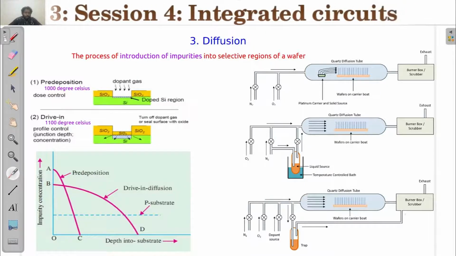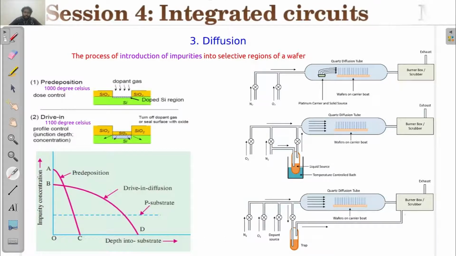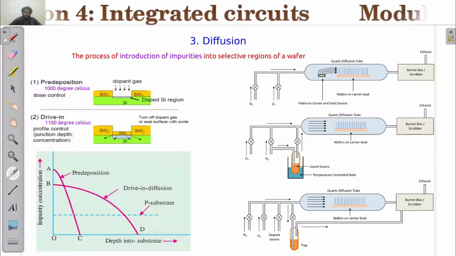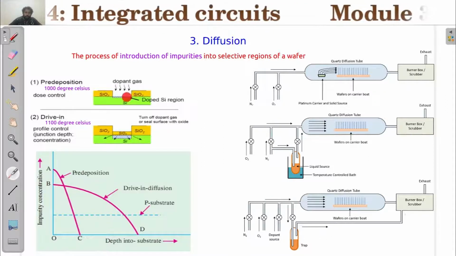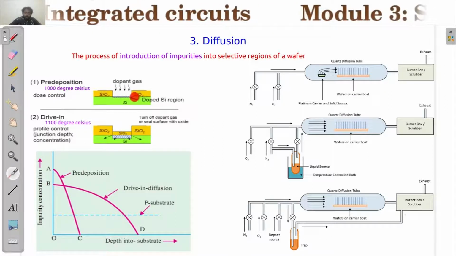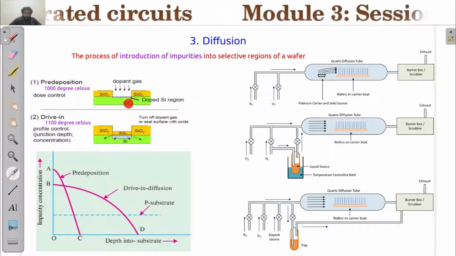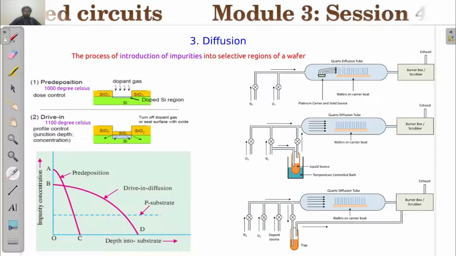The dopants enter the substrate and form a highly concentrated layer at the top surface of the substrate. So it doesn't have any depth penetration into the substrate.